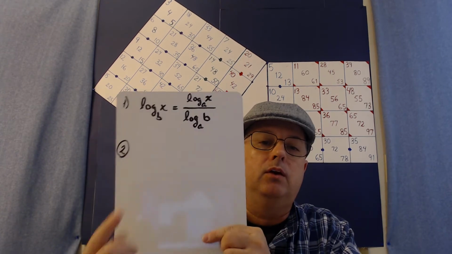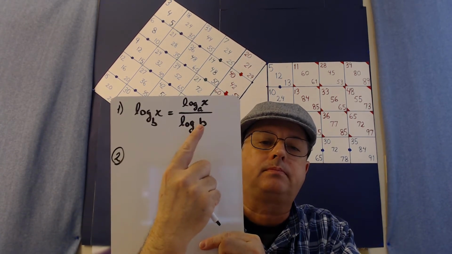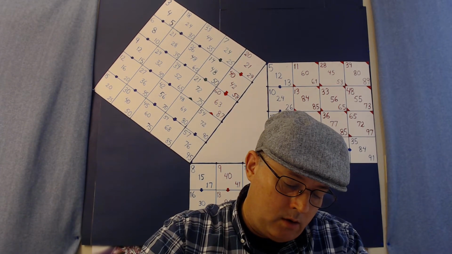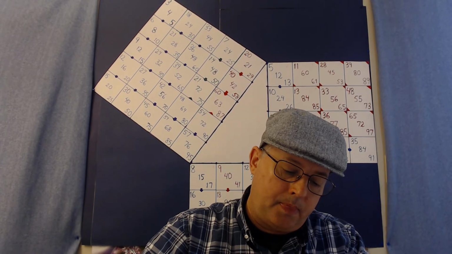Okay, so now if we turn that around, we can look at it the other way. So if we have log base a of x divided by log base a of b, that gives us log base b of x.